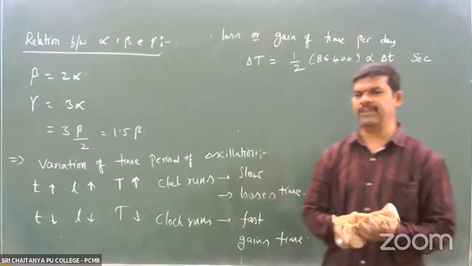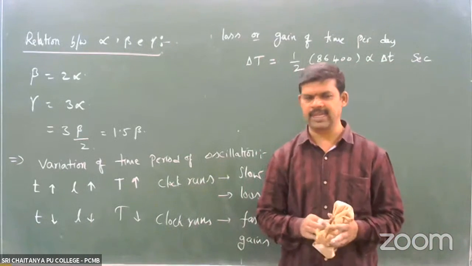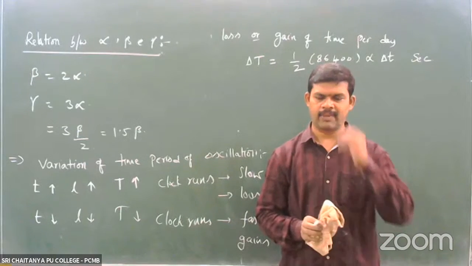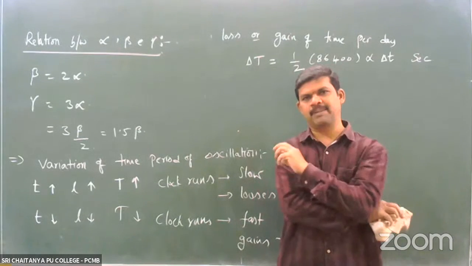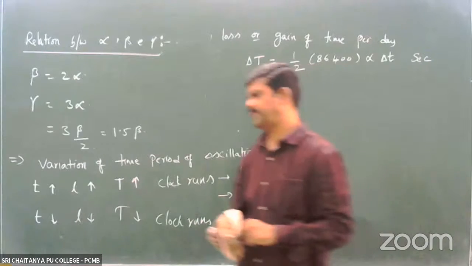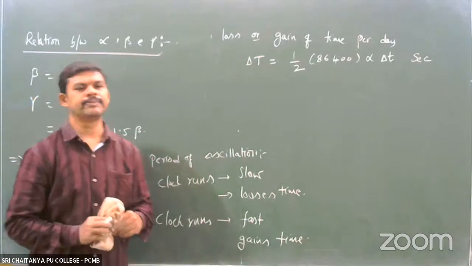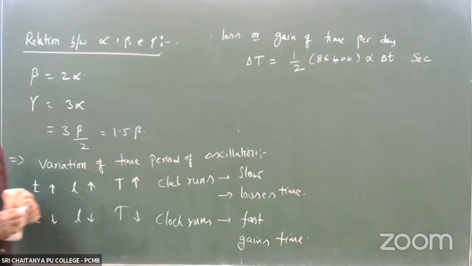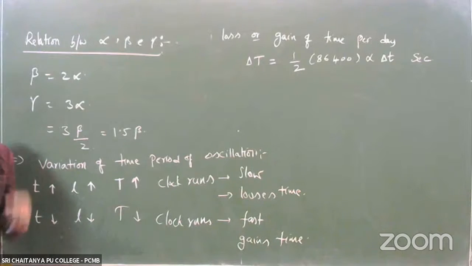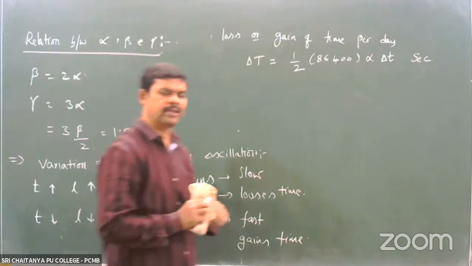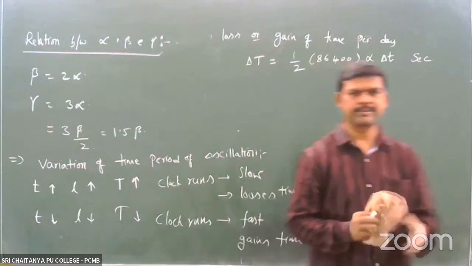And we discussed even the bimetallic strip in the last class. Bimetallic strip is a combination of two metals which are riveted together. Whenever there is a change of temperature, they bend.